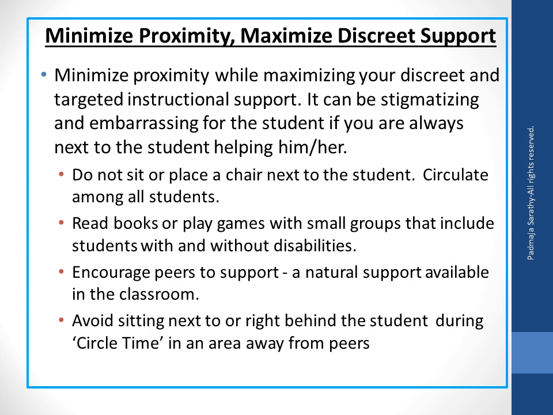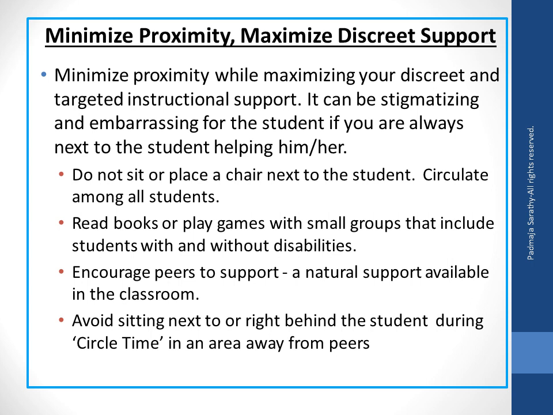Maybe we have to come up with other behavior adaptations rather than para-educator proximity. And that support has to be discreet so that the other children do not think, oh, there is something wrong. Why is an adult always sitting next to the child?